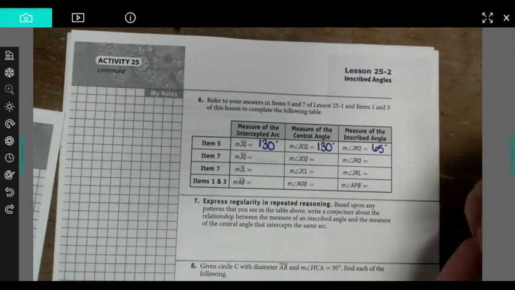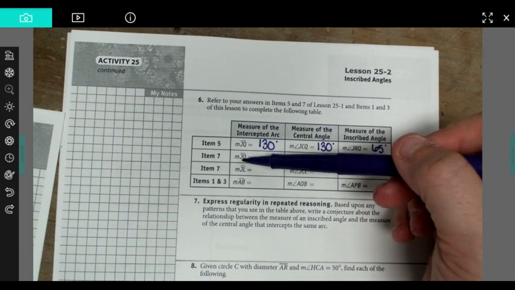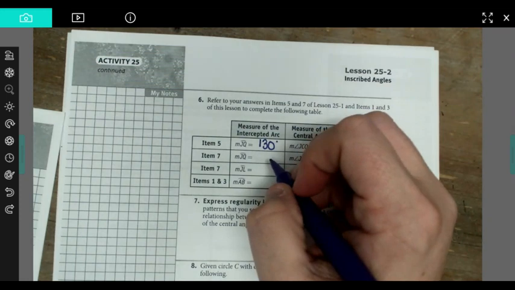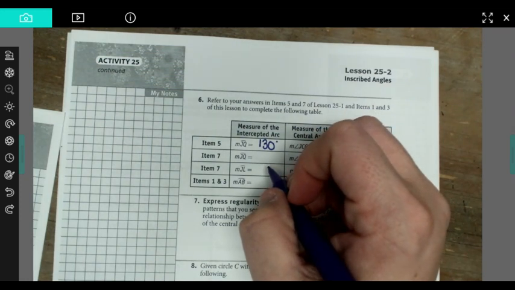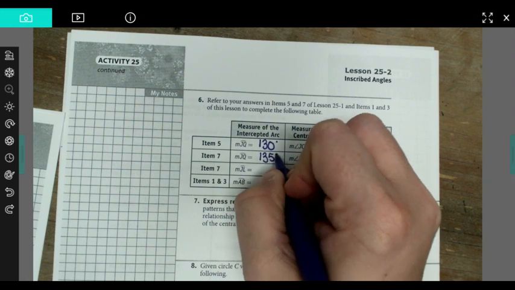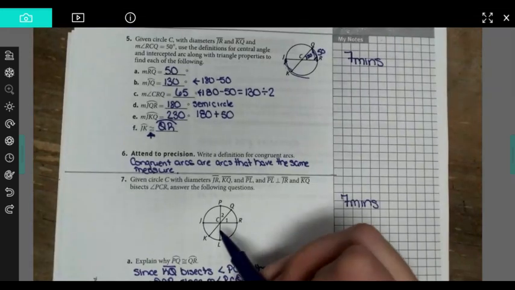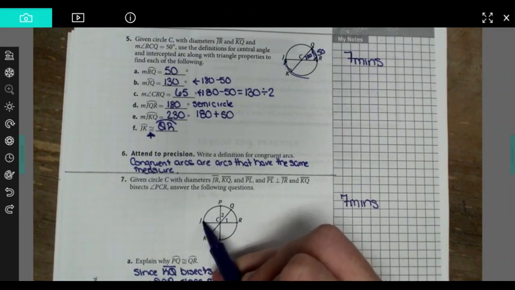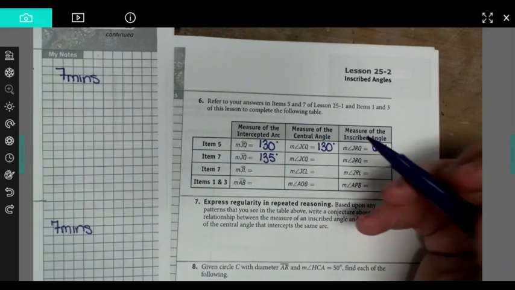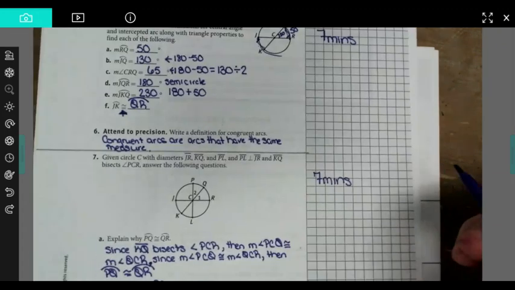Let's take a look at the measure of arc JQ in item 7. Looking at item 7, the measure of this arc was 135 degrees. It asks, what is the measure of JCQ?